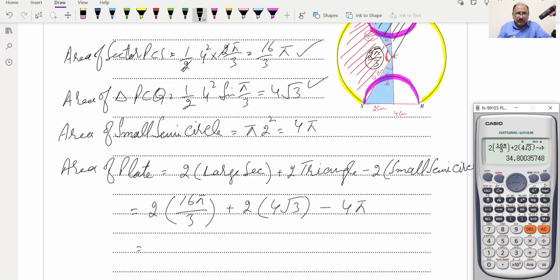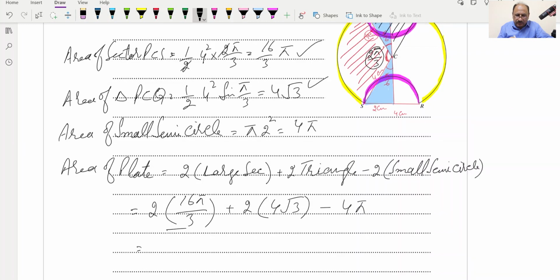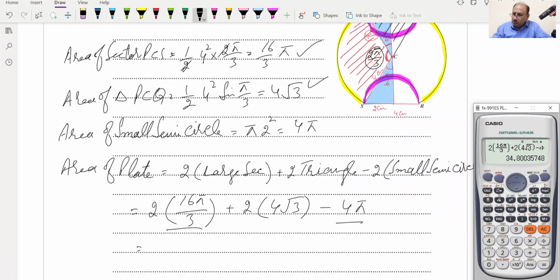So we can basically add these two, so 2 into 16 will be 32 over 3, 32 over 3 minus 4, is equal to, sorry, calculations we will have to do properly.